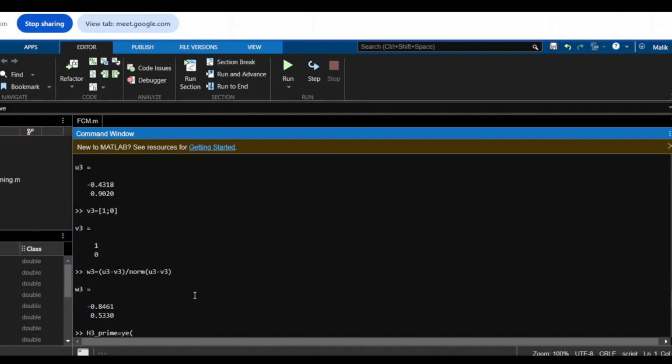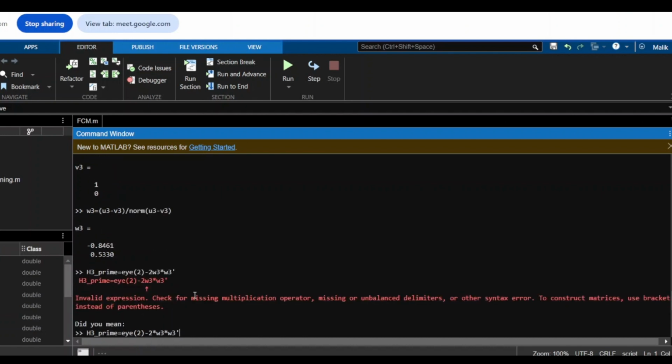Identity of 2 minus 2 times W3 into W3 transpose. Right? Yeah.